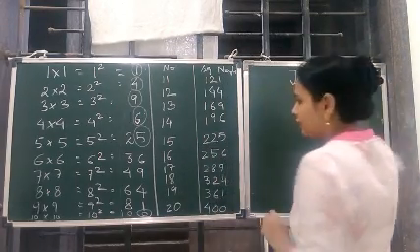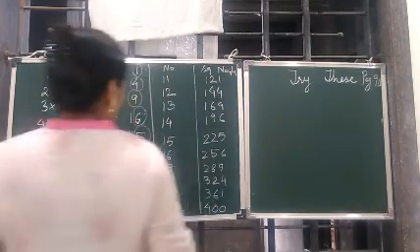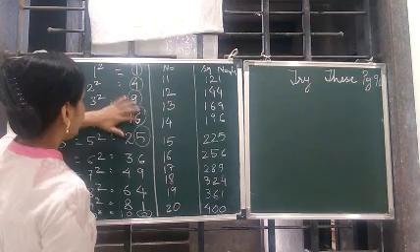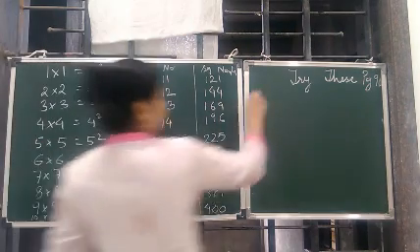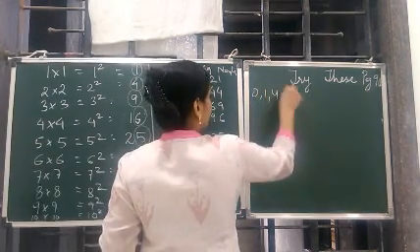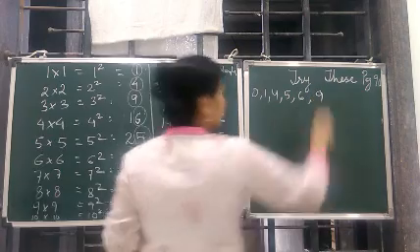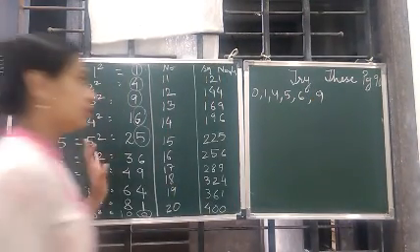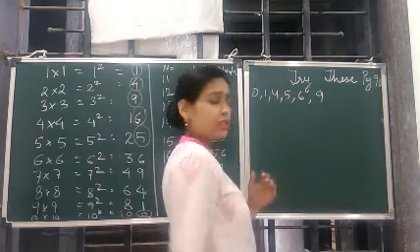Page 90. So we have seen that the numbers which are generally ending with 0, 1, 4, 5, 6, 9 may be a perfect square, or you can say square numbers.